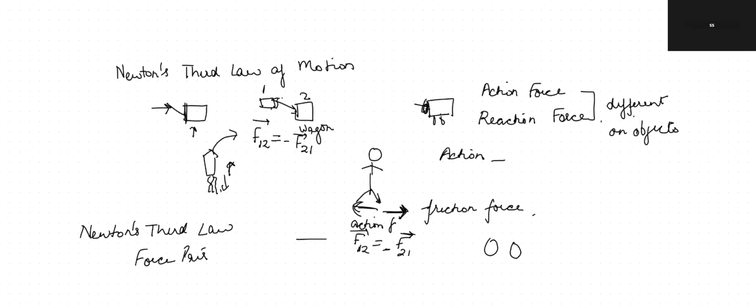So for every force object one exerts on two, there is an equal and opposite force object two exerts on one.